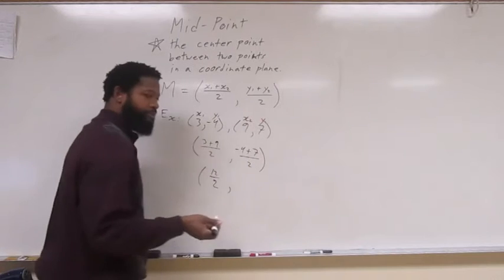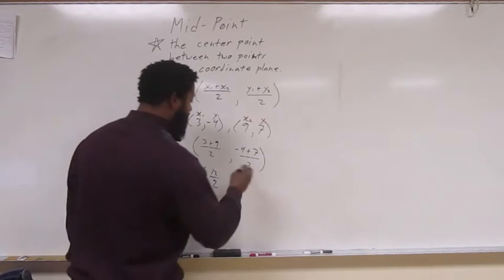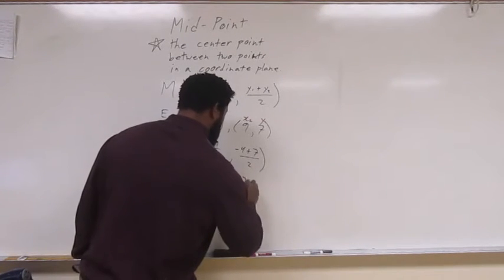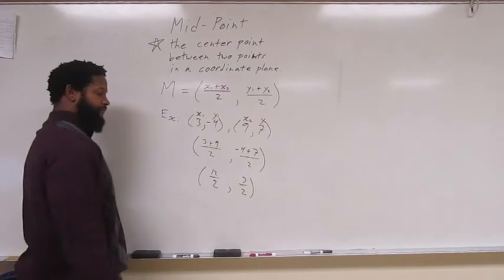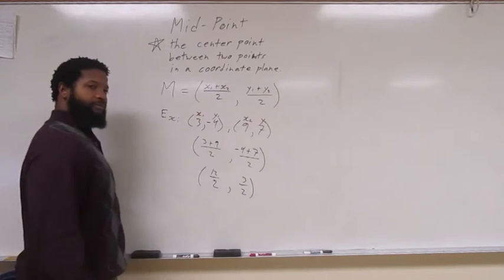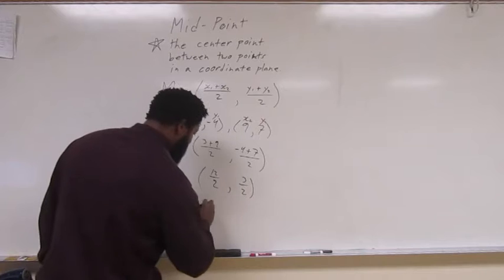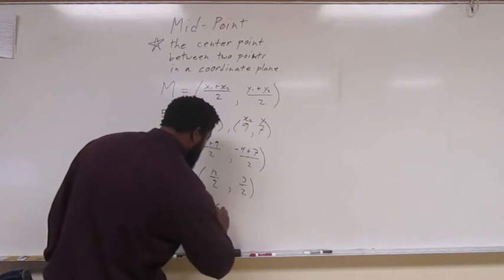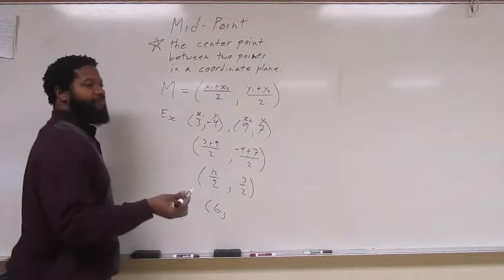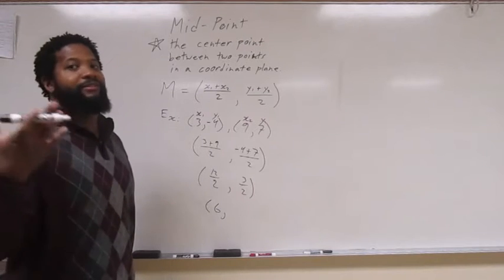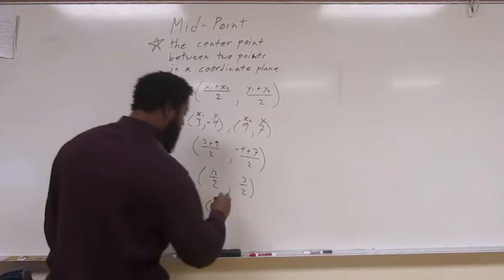And what's -4 plus 7? 3. 3 over 2. What's 12 divided by 2? 6. So our midpoint is 6. And 3 divided by 2 is 1.5. There we go.